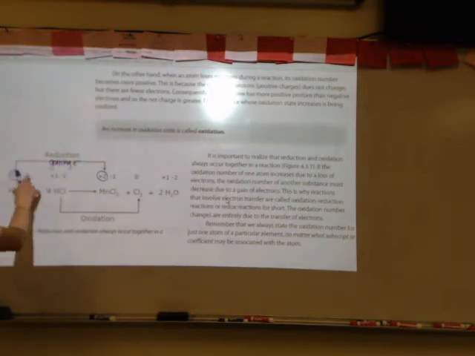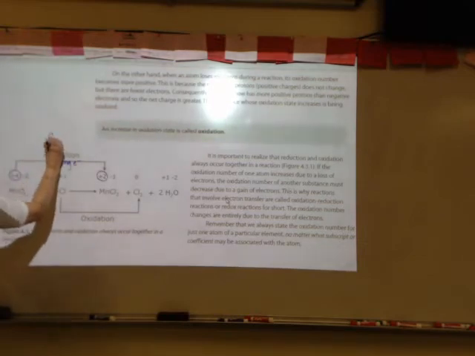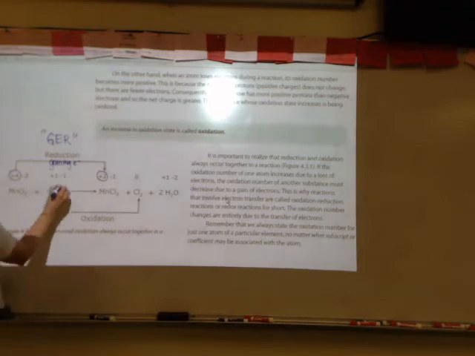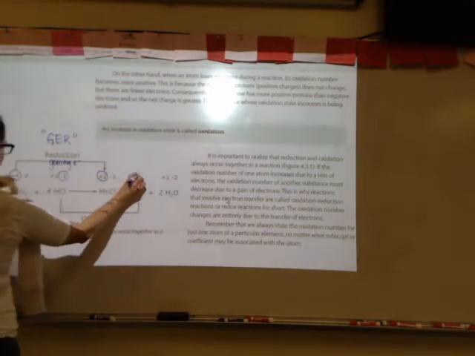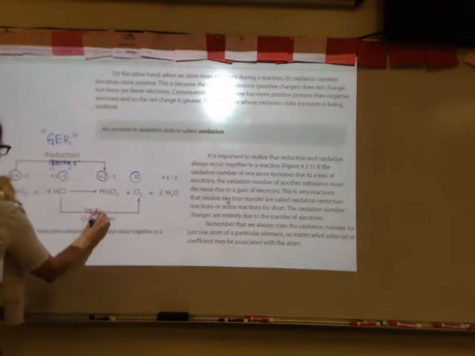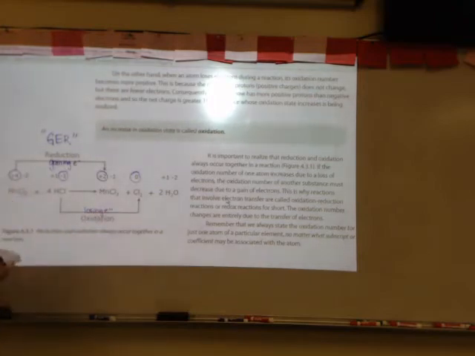electrons because its oxidation number is decreasing. So a gain of electrons is reduction. This is often abbreviated with the letters GER. Gain of electrons is reduction. Now, the chlorine is going from a -1 to a 0. So that means we are losing electrons, which is known as oxidation.